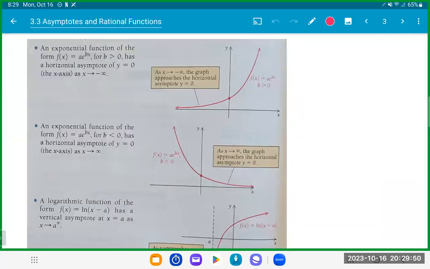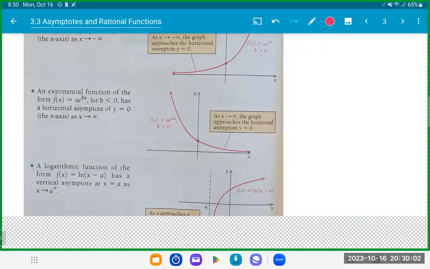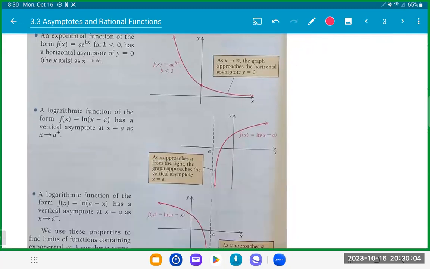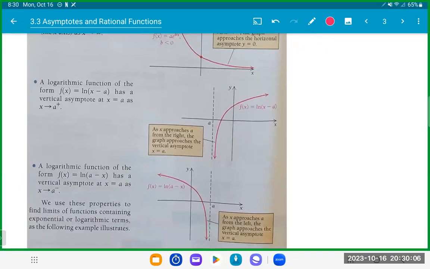All right. So what I've given you here is just another look at all of the asymptotes. You can get this off of page 298 in your textbook. It's really all the things that I've already said, but I wanted to put it here in your notes that you can download from this PDF at the end of class.